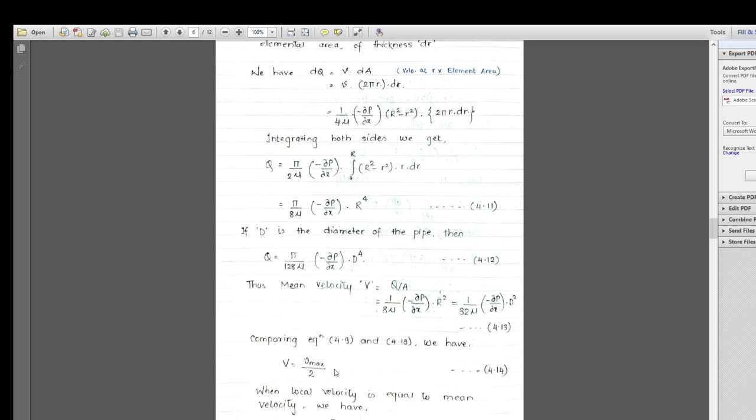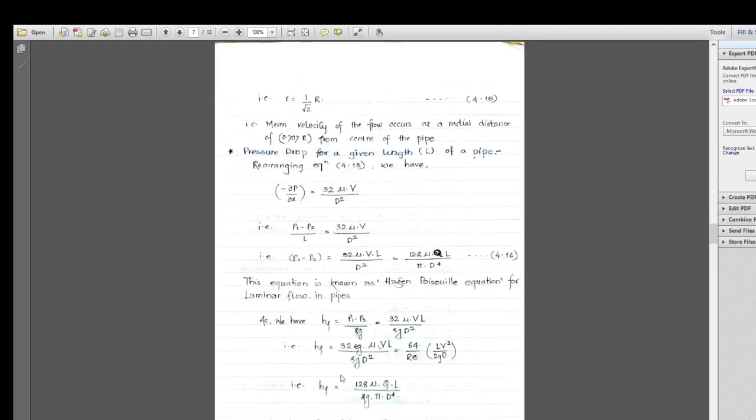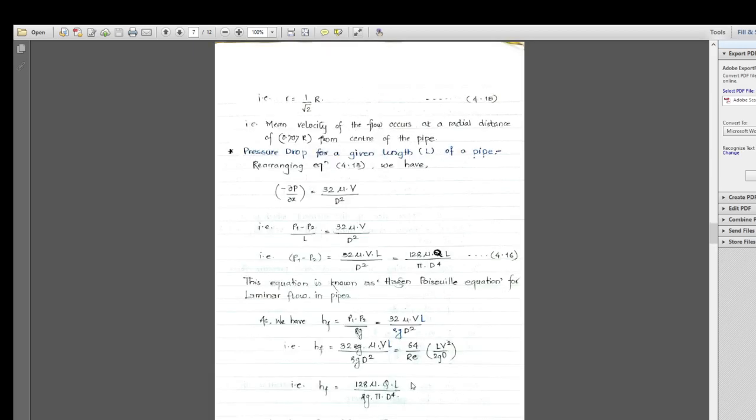That is, when local velocity is equal to the mean velocity, we will get V is equal to V max into 1 minus r by R whole square is equal to V max by 2.